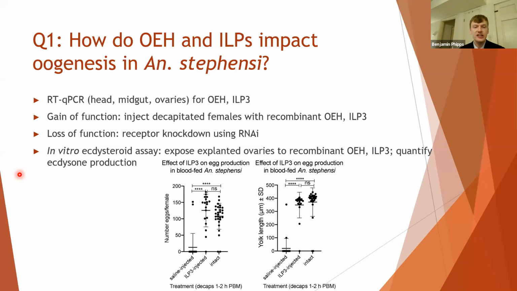And then finally, to determine whether these hormones trigger vitellogenesis by inducing synthesis of ecdysone, I'll do an in vitro assay that has been developed in our lab, where we expose explanted ovaries from non-blood-fed females to recombinant OEH and ILP3, and then we can quantify ecdysone production with an ELISA.